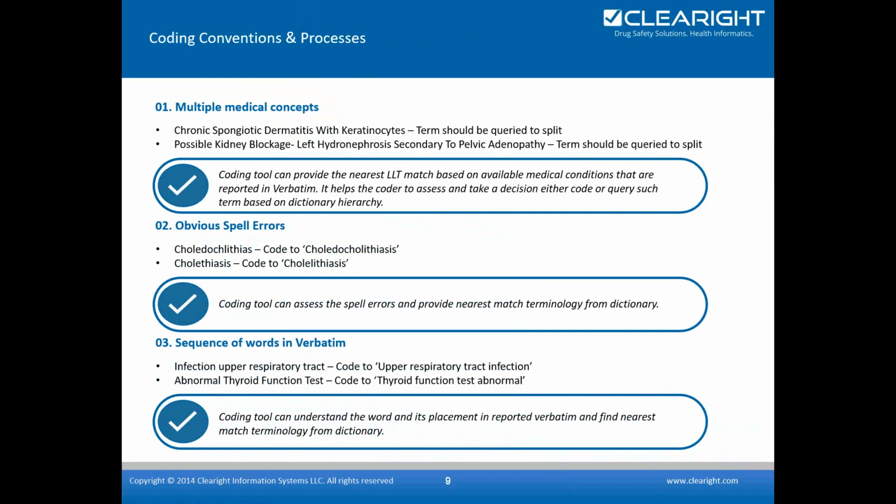So the AI and ML are going to split the term, read each term, and provide the LLTs so that the coder can go and see the hierarchy. If it is linked, then we can identify what is the symptom, what is the underlying diagnosis, or whether all are symptoms, based upon which it helps the coder to take a decision either to code or query the term.